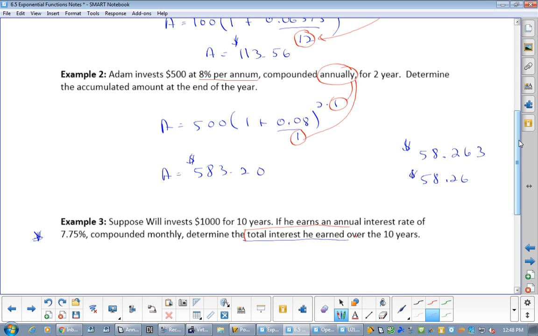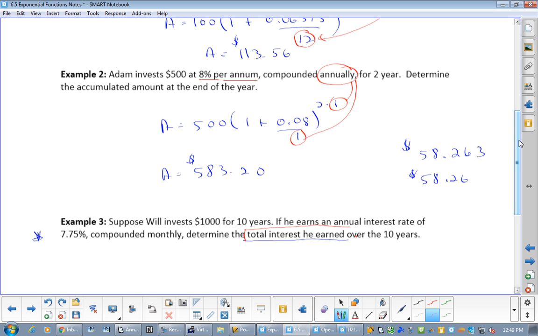In example 2, how much interest did he make? No, that's his interest rate. How much interest did he make? 583. Did he make that much? How much did he start off with? 500.